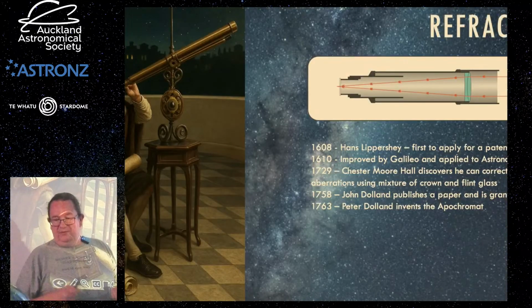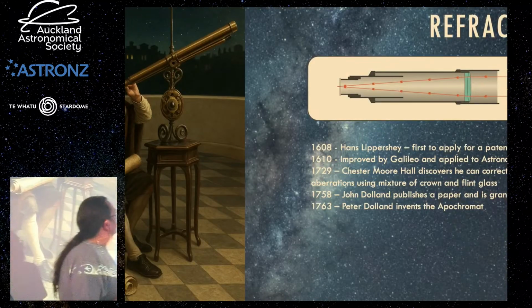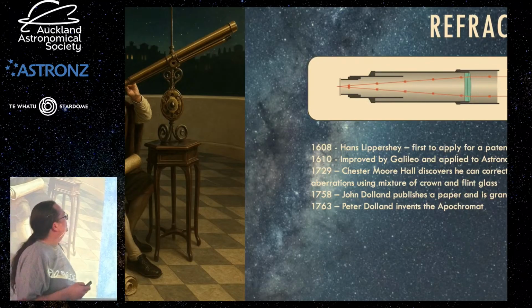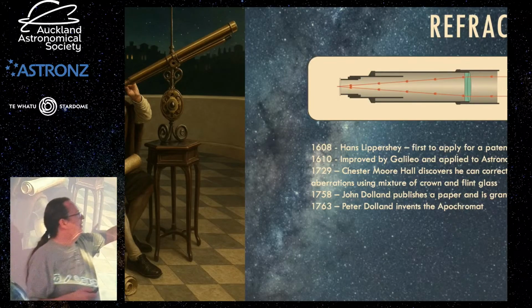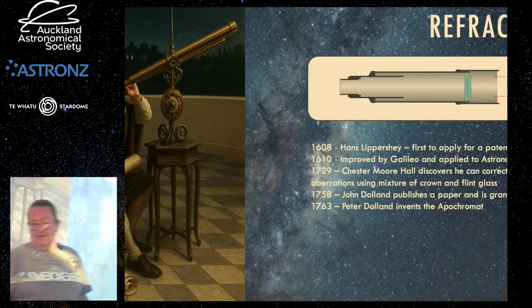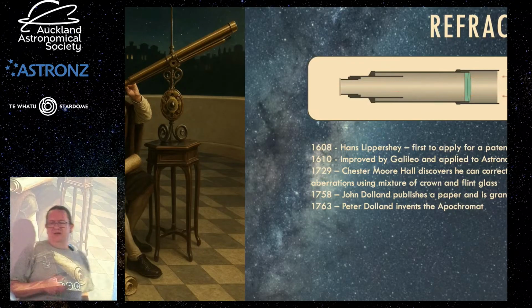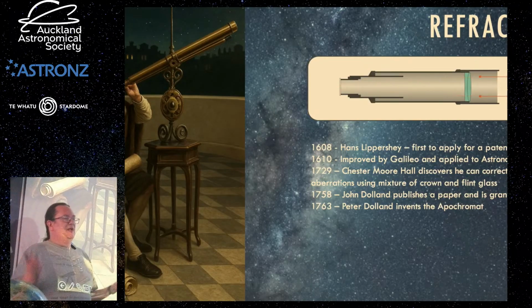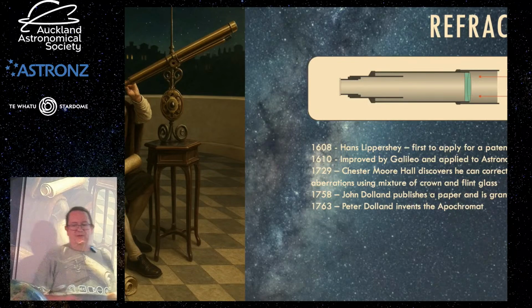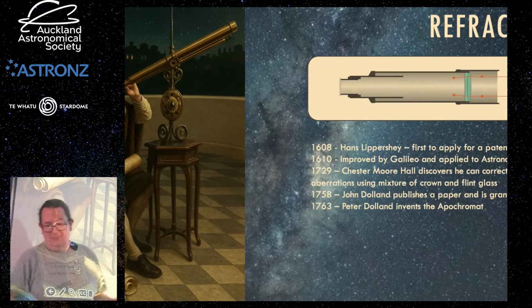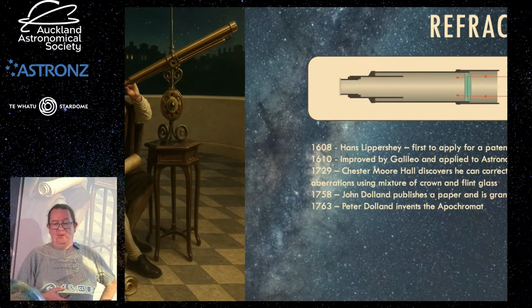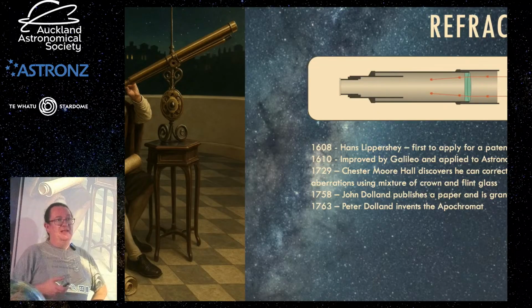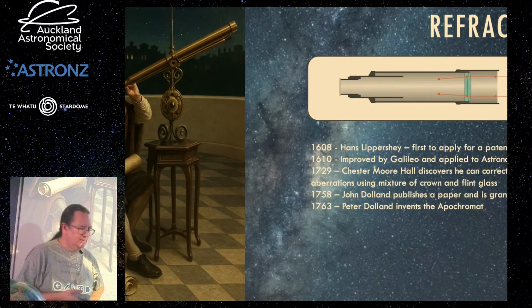So, talking about refractors, possibly the simplest style of telescope. The brass telescope there is a refractor. Originally built by a Dutch-German spectacle maker. So a German guy moved to the Netherlands called Hans Lippershey. He was the first to apply for a patent, and he called it his Dutch perspective glasses.